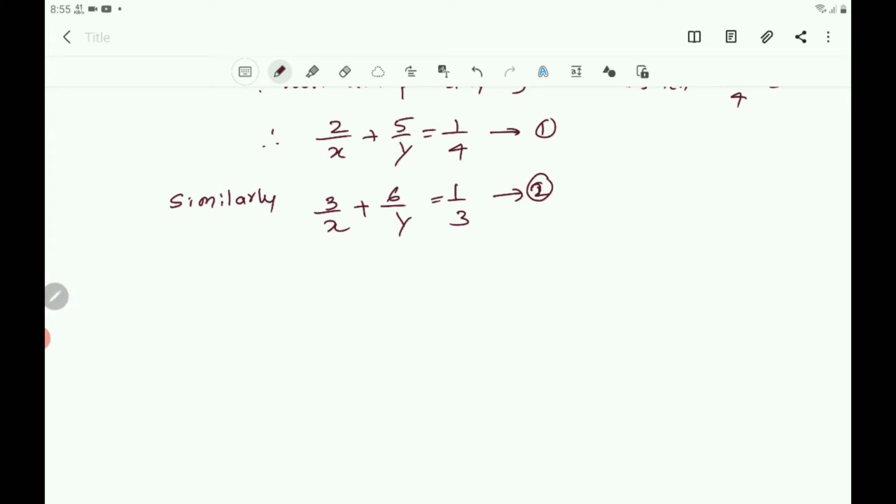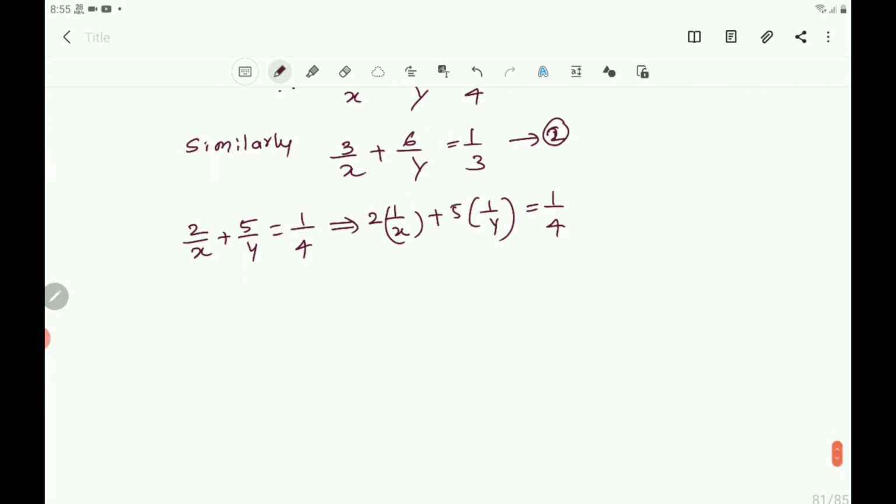Now you take the first one, 2 by x plus 5 by y equals 1 by 4. Now you consider this as 2 into 1 by x plus 5 into 1 by y equals 1 by 4.